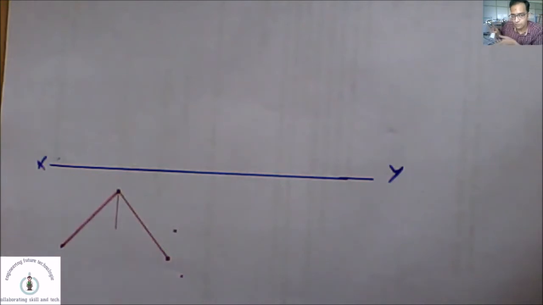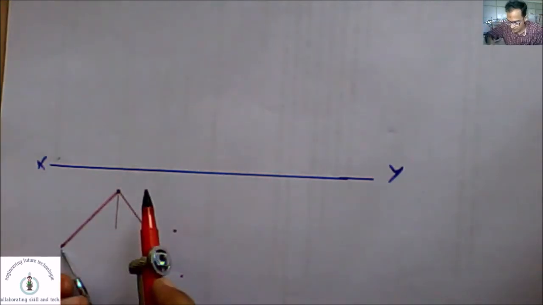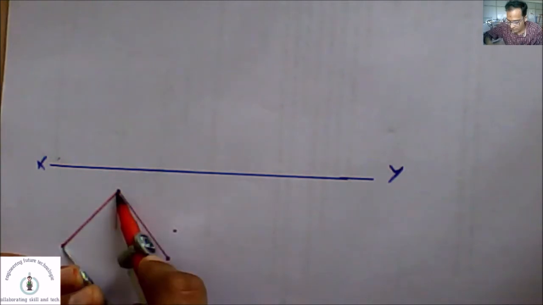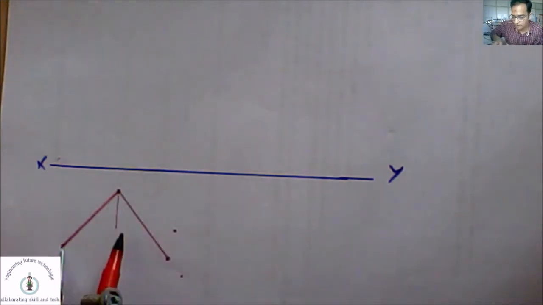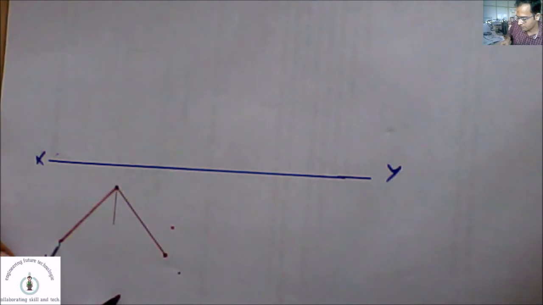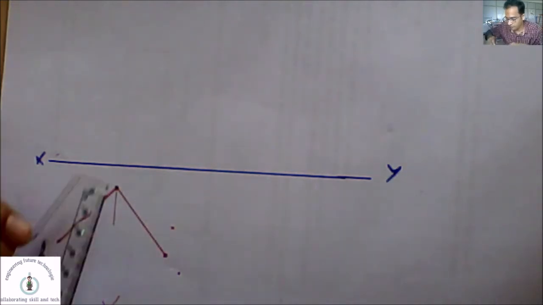Now we can take compass. On compass we can have same dimension and we can place an arc over here. In similar manner we can have an arc over here.